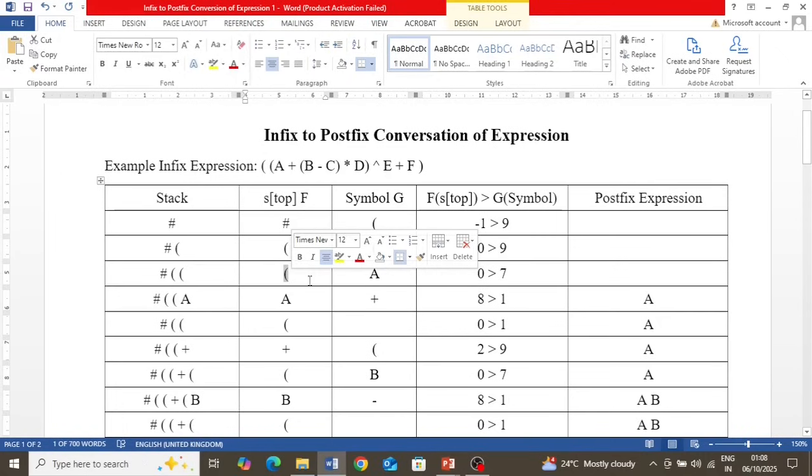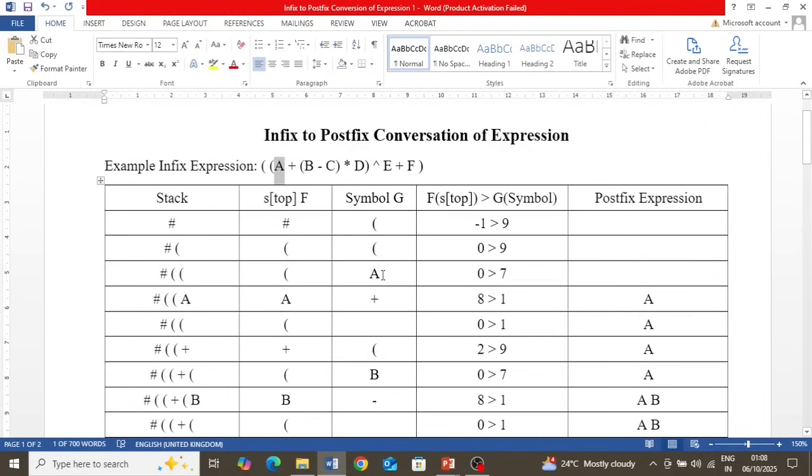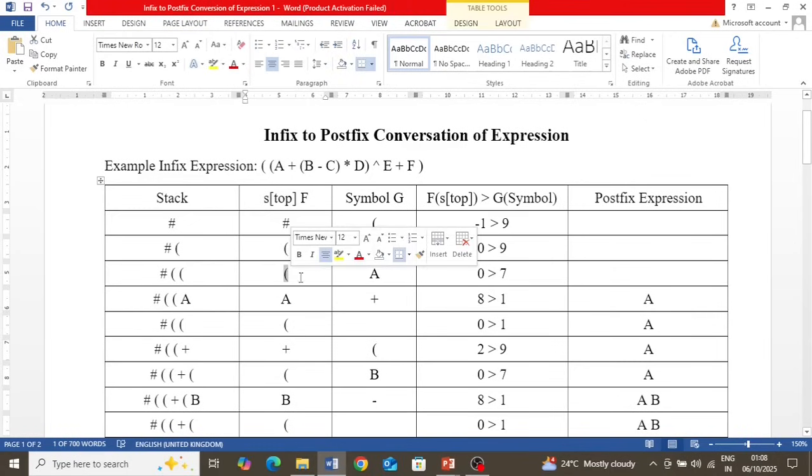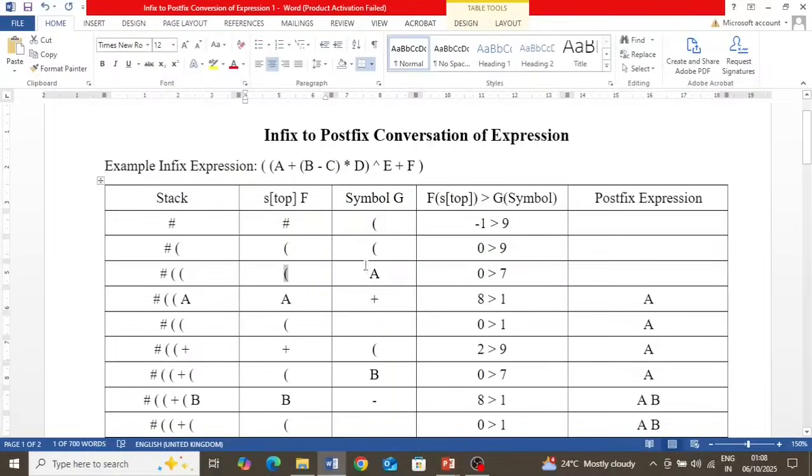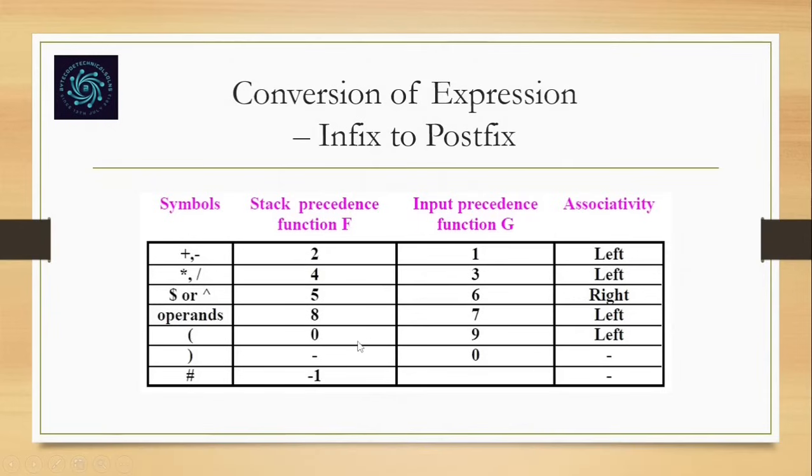In the input infix expression we have the next symbol a. In the function F, the opening parenthesis value is 0, whereas the precedence value of a in the function G, as an operand, is 7.